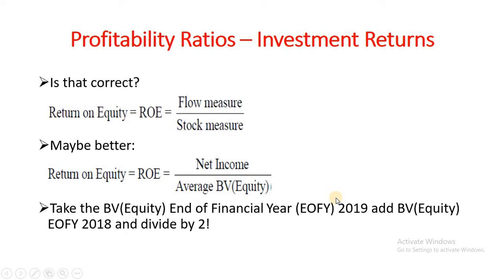To find the average book value of the equity, say for example in 2019, we can take the ending book value of equity of the financial year 2019 and the ending book value of the equity of 2018. Then if we divide it by 2, we'll get the average book value of the equity in 2019.